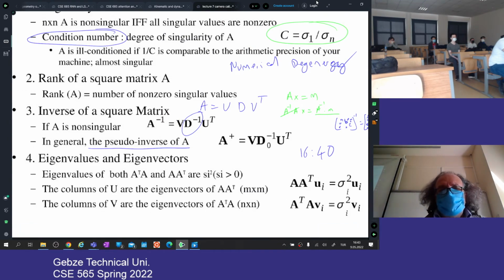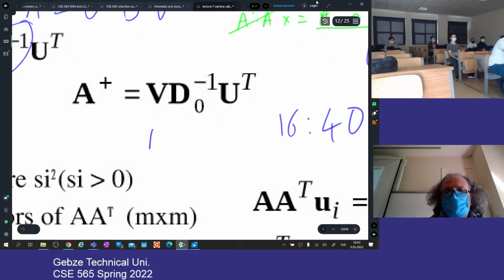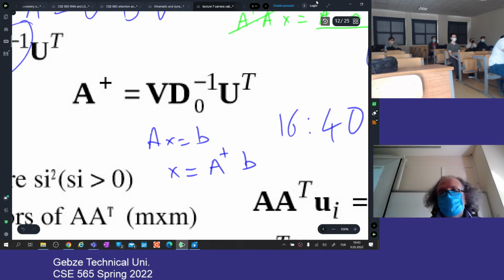If your matrix doesn't have an inverse, you can still produce an approximate result, a good enough result. Let's say AX equals B. You can do X is equal to A plus B. It is better than not having a solution.